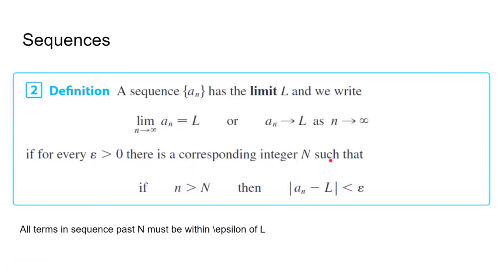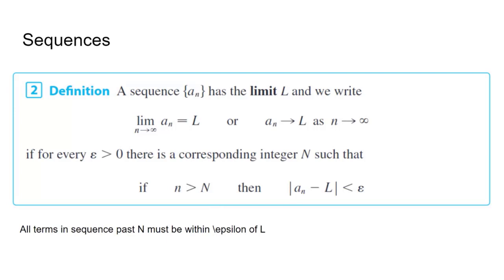And that represents a tiny little small positive number. So if we pick an epsilon, then there is an N, an integer, such that if n is greater than N, all that's saying is everything after big N, all the terms in the sequence after this chosen integer. And this chosen integer will be in terms of epsilon.